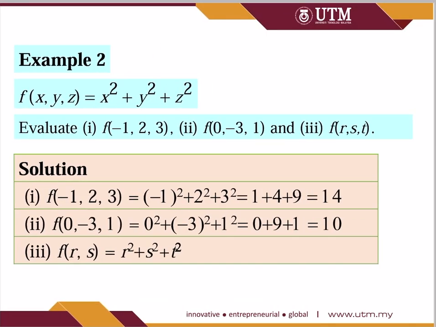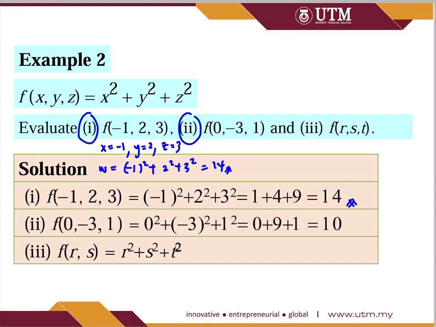Next, look at example 2. We have X squared plus Y squared plus Z squared. Again for example 1 here, we have X equal to minus 1, Y equal to 2, Z equal to 3. Since W here is squared, so minus 1 squared plus 2 squared plus 3 squared, we obtain 14. Check the answer. Yes, it is 14.